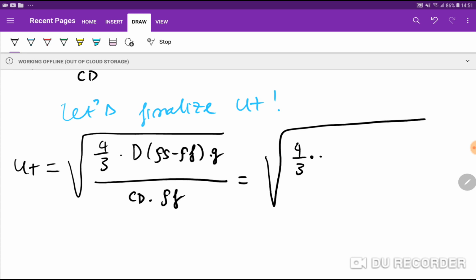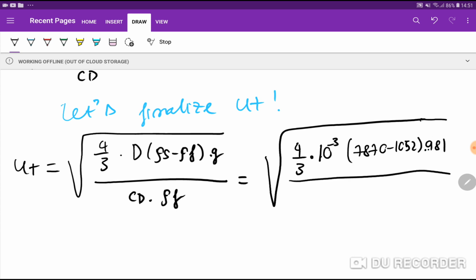Okay, perfect. So we plug in the numbers: 4/3 times diameter, which is 10 to the -3, times rho S minus rho F. Rho S is the steel density, 7,870, minus 1,052, times 9.81 for the gravitational constant. CD, the drag coefficient, we just calculated 61.4072, and then our fluid density to be 1,052.